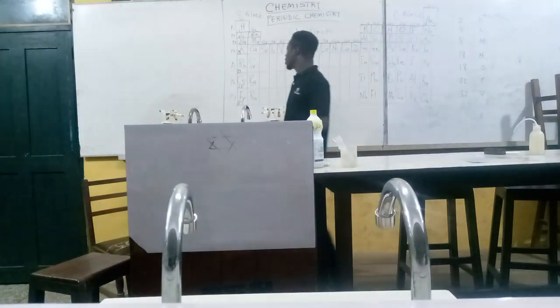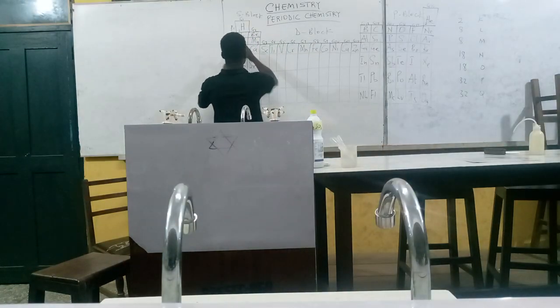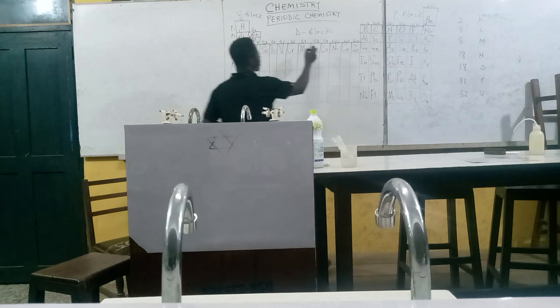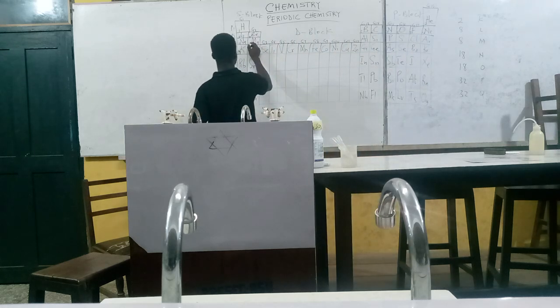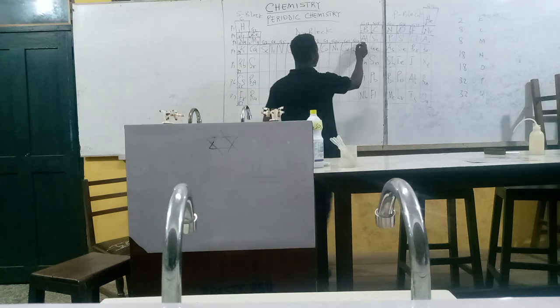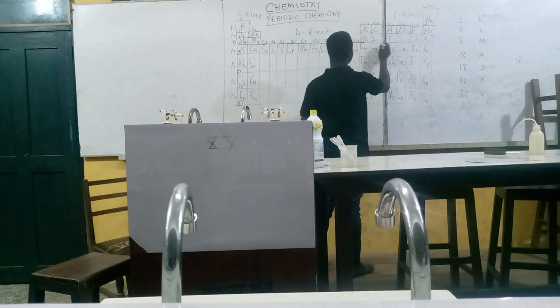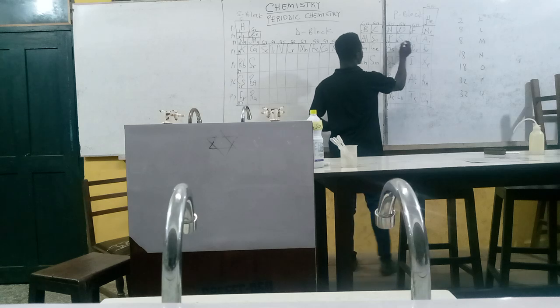So from here I can quickly say, if this is 3, then this will be 4, and this becomes 5, 6, 7, 8, 9, 10. After that I count to 11, this becomes 12, 13, 14, 15, 16, 17, 18.